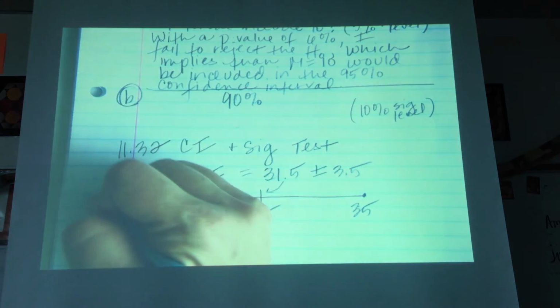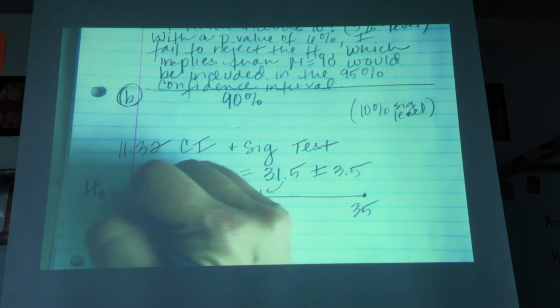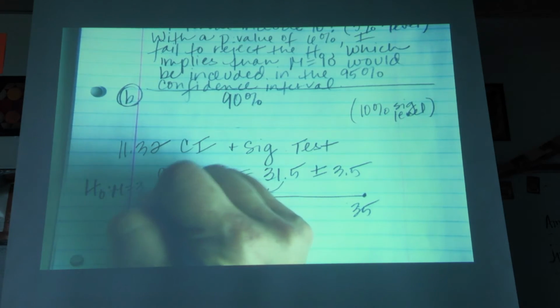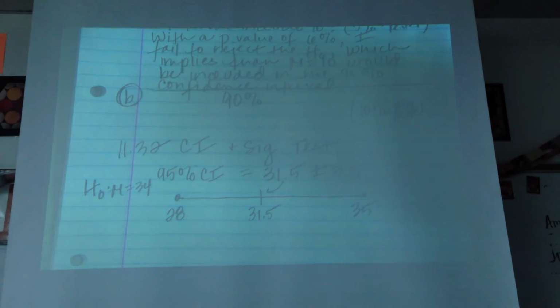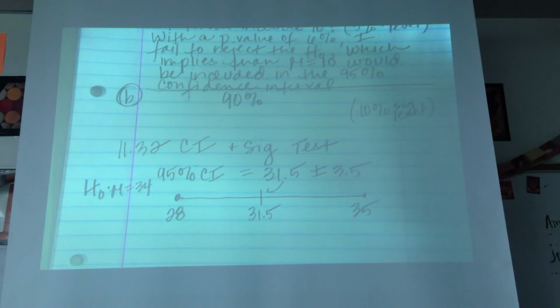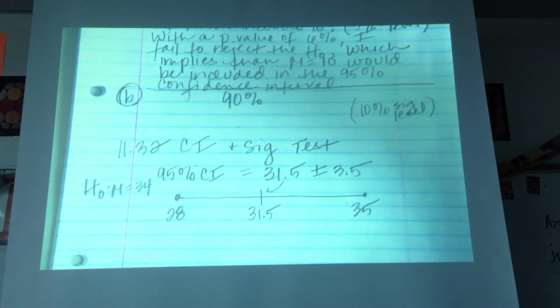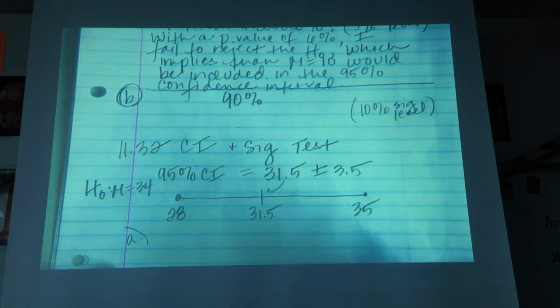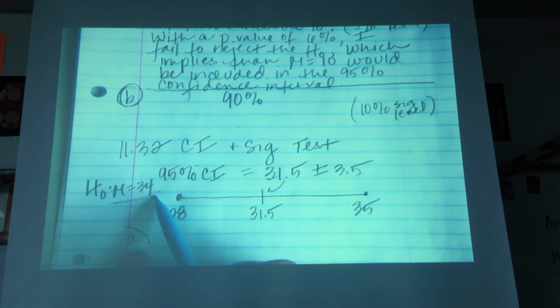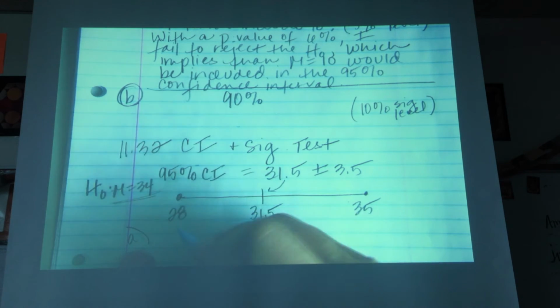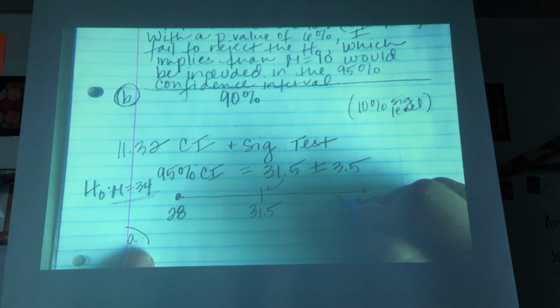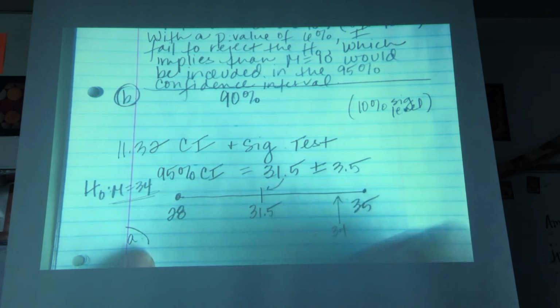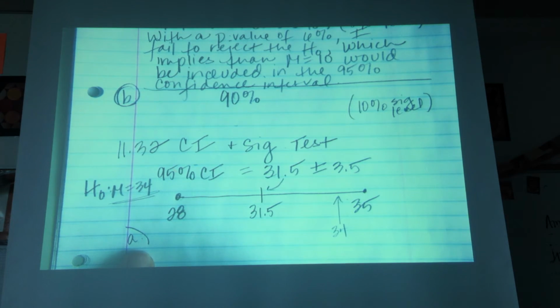All right, so now we have the information that the null is that the mu is 34, and we have a 5% significance level. My first question in A is, can we reject the null at 5%? And 34 is actually in this 95% confidence interval.